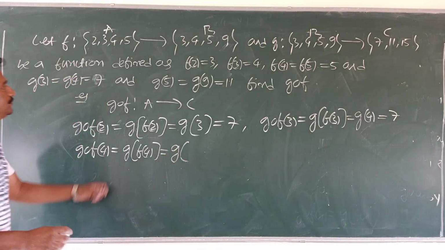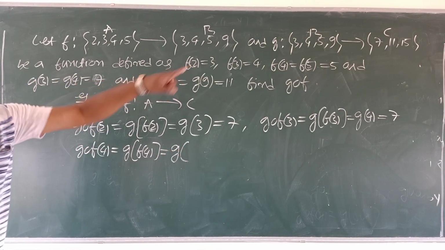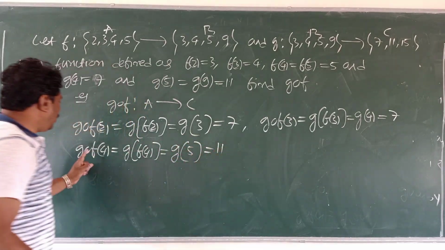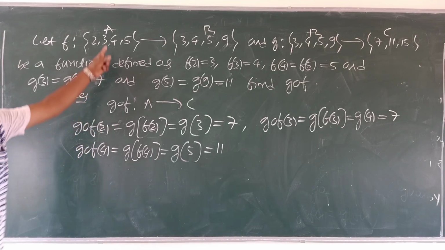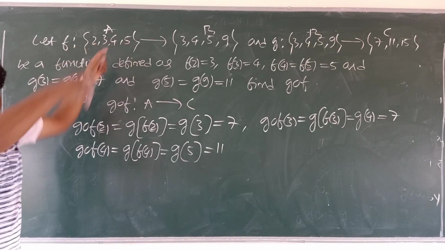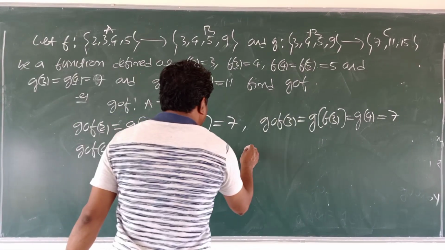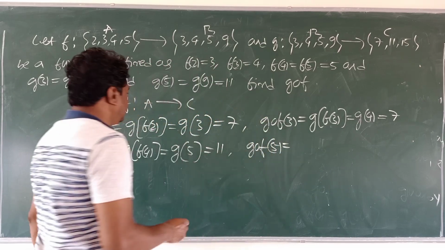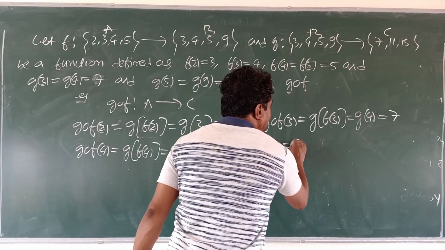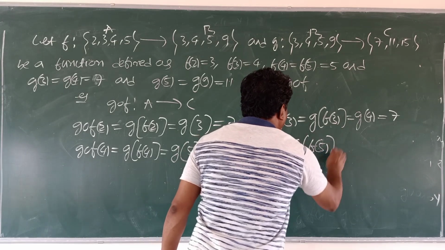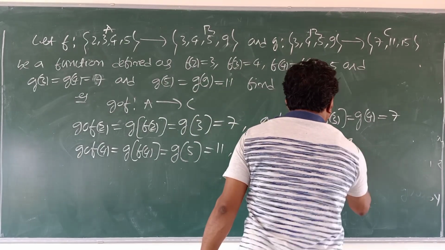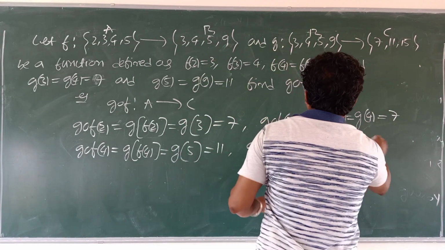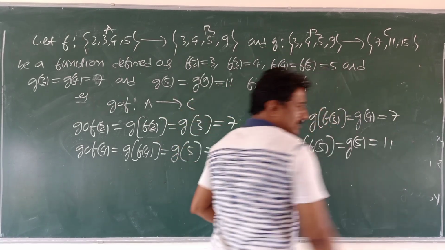Tell me the f(4) value, 5. g(5) is 11. Now g o f is relating 4 with 11. Now (g o f)(5), g of f(5). Tell me f(5), students, 5. g(5) again is 11. Correct?